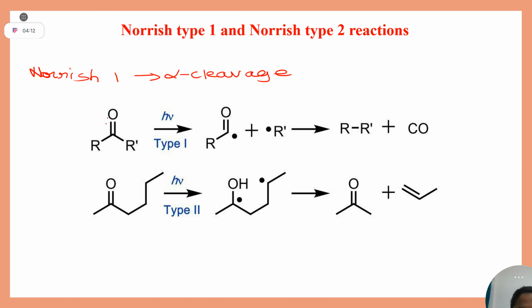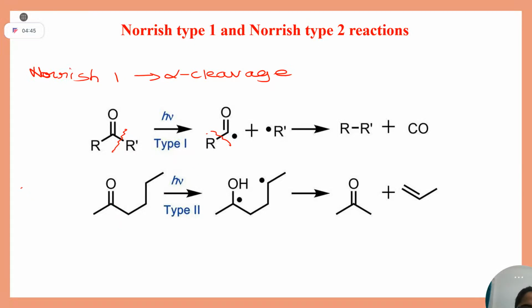Let's say this ketone is there. You have to cleave from this alpha position. If you cleave from here, two radicals will form: one is this acyl radical and one is this R dash radical. They can combine in two ways. First, CO will leave from here, and then this radical will combine with this R dash.